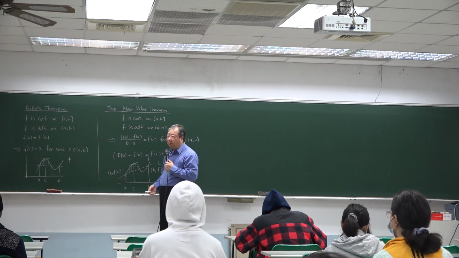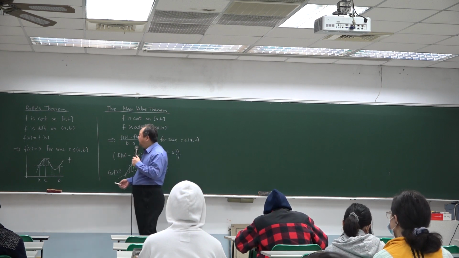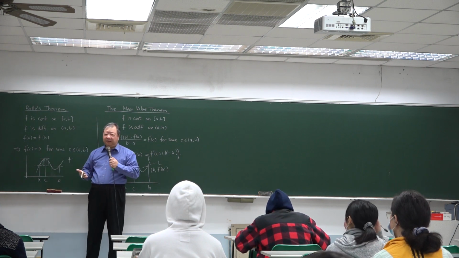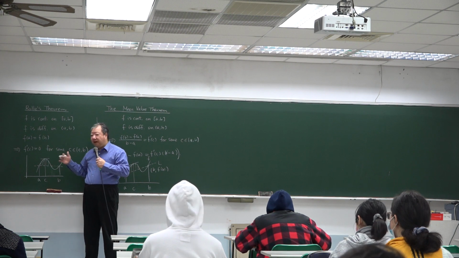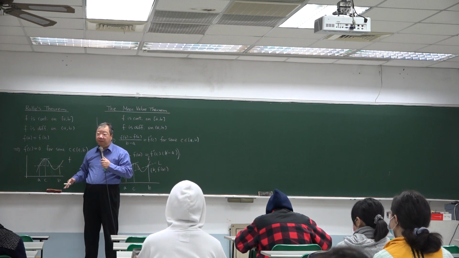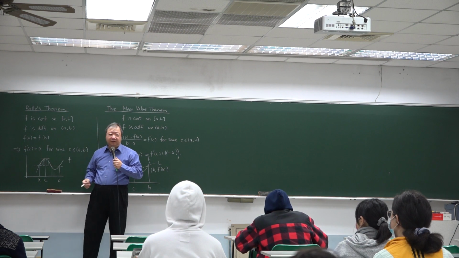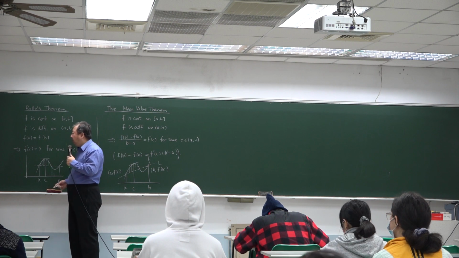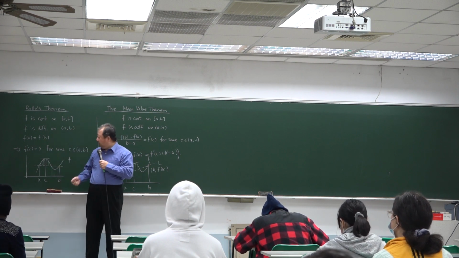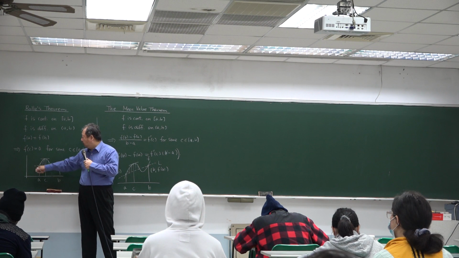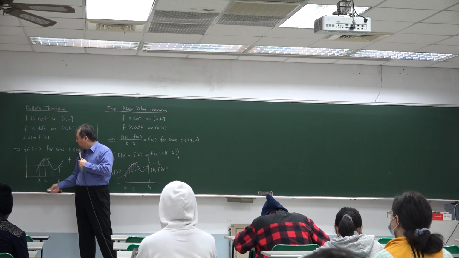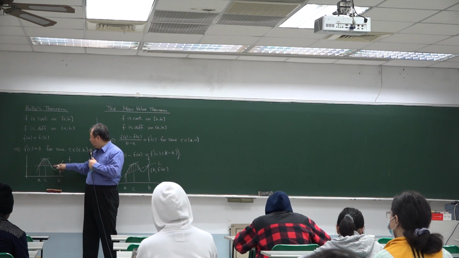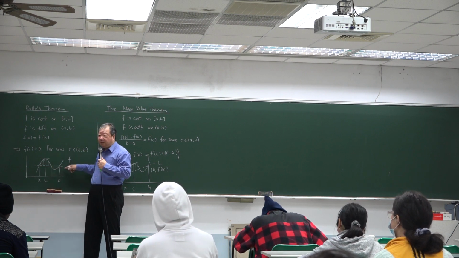And this theorem is almost clear because under this condition, f always has a maximum and minimum. This is the extreme value theorem. If maximum and minimum are equal, then the greatest one is this number, and the smallest one is also this number, then f must be a constant, whose graph is this horizontal line segment.